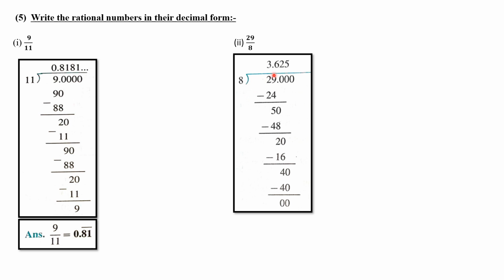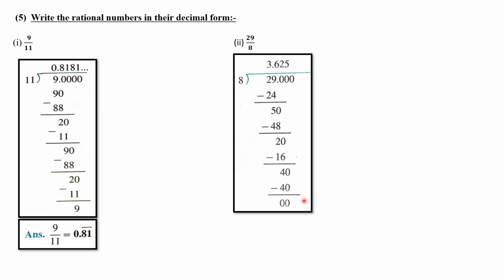So 8 sixes are 48. Minus, 2 remainder. So put 0, so 20 it will become. So 8 twos are 16. 20 minus 16, 4 will remain. So 40, put 0, it will become 40. So 8 fives are 40. So remainder is 0. 40 minus 40 is 0.